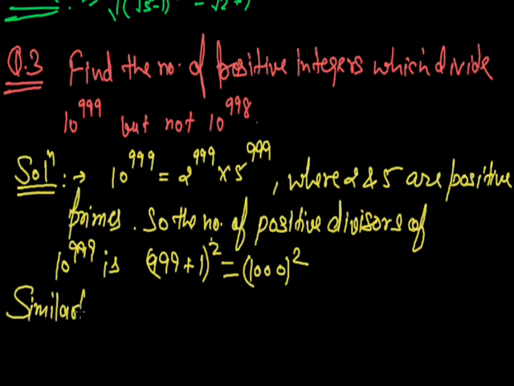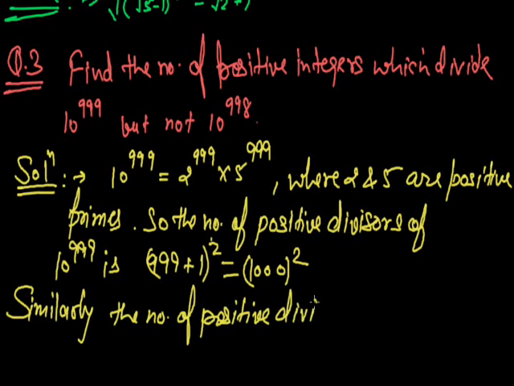Now similarly, the number of positive divisors of 10 raised to power 998 is 999 square.